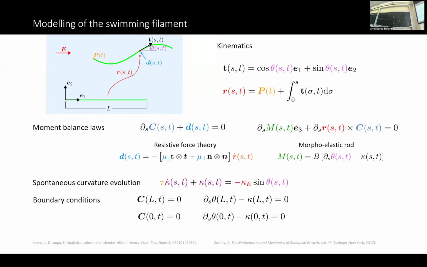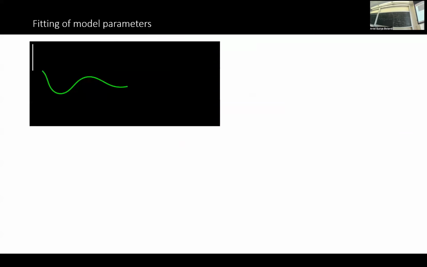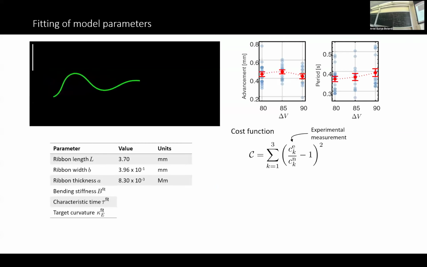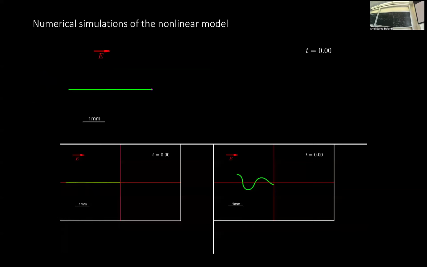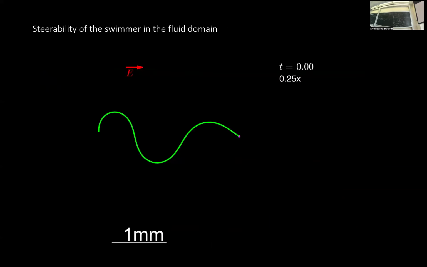But again, as I mentioned, this is an aspect which could be studied further, because there is a slight delay between the reorientation of the electric field and the reorientation of the swimmer, because it takes some cycles to reconfigure the way it swims.